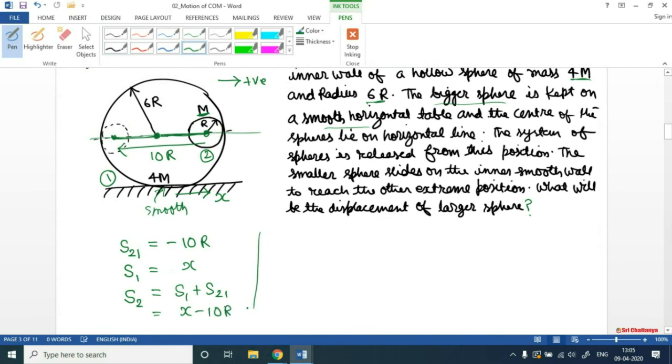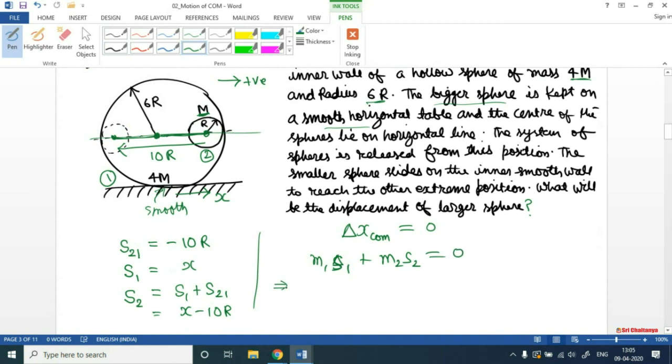Since we have said delta x com is equal to 0, we can say that m1 s1 plus m2 s2 is equal to 0.